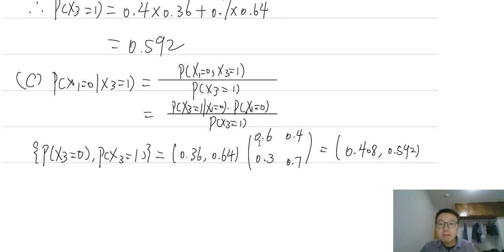Remember that in question B, I said we can consider this probability because the variables are passed one by one, so we can consider all the probabilities starting from x1 like this.